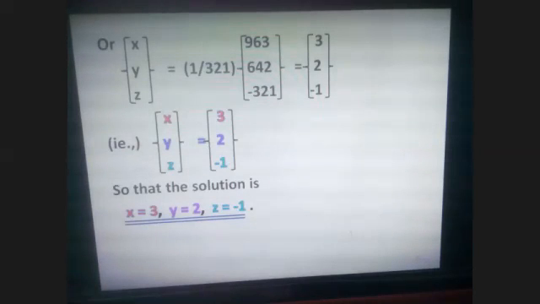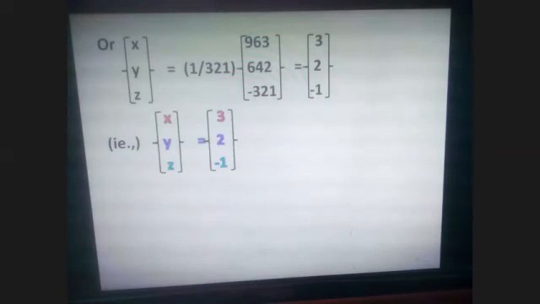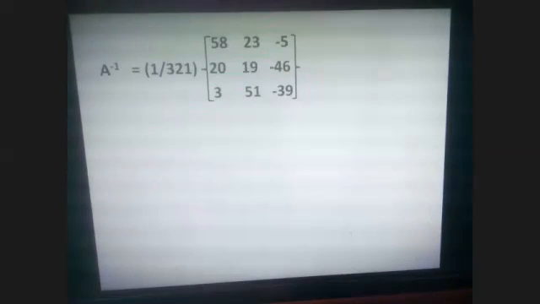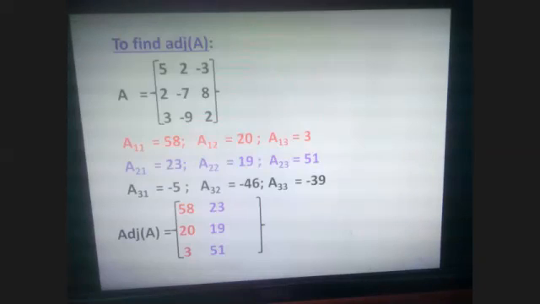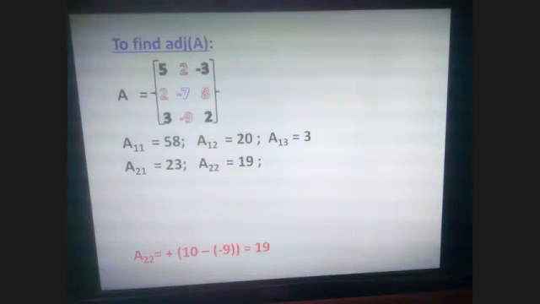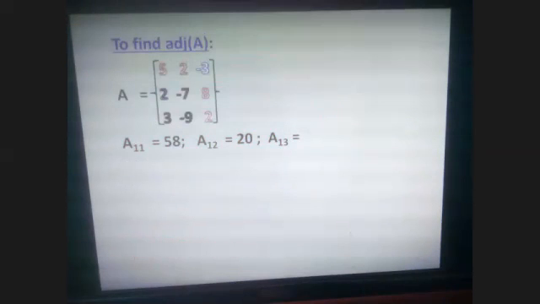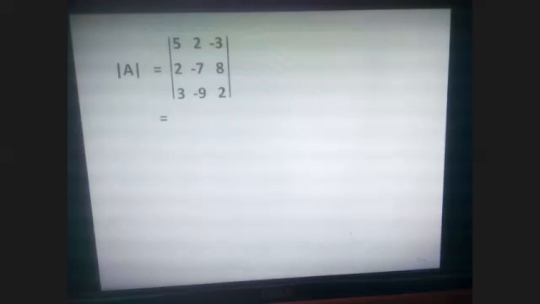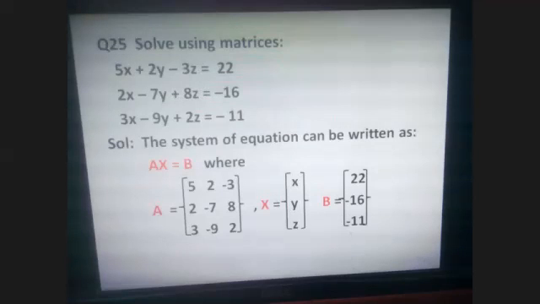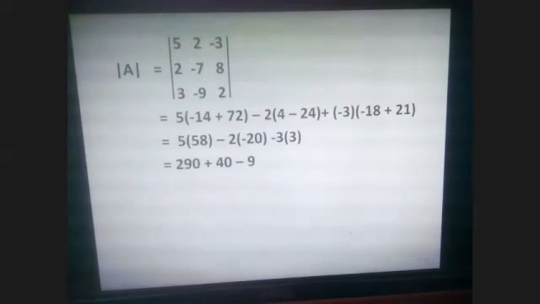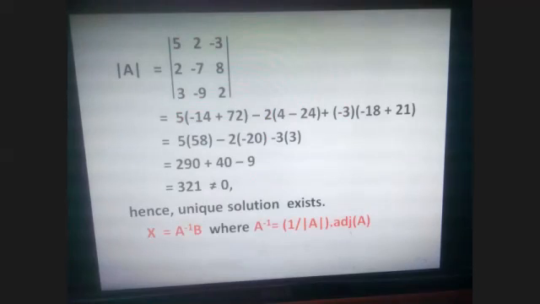Well, getting clear, my dear children, how to get the solution by matrix method, right? We write the equation in matrix form first of all, and after getting matrix form, we get the determinant. Once the determinant is non-zero, we conclude that the unique solution exists.